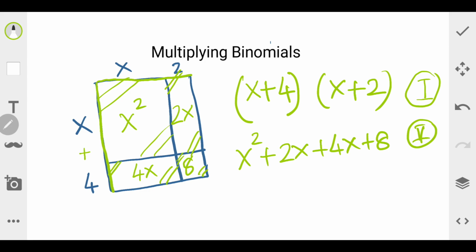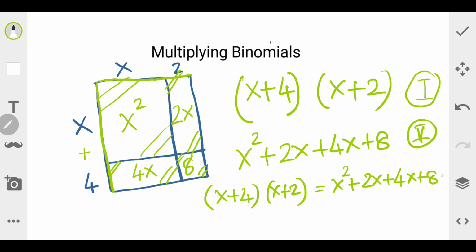So now, the first expression and the second expression, are they equal or are they different? They must be the same because we are looking at the same figure, right? So we can say that x plus 4 times x plus 2 must be equal to x squared plus 2x plus 4x plus 8.